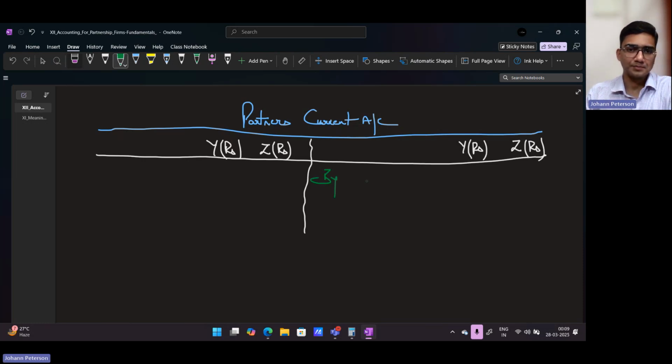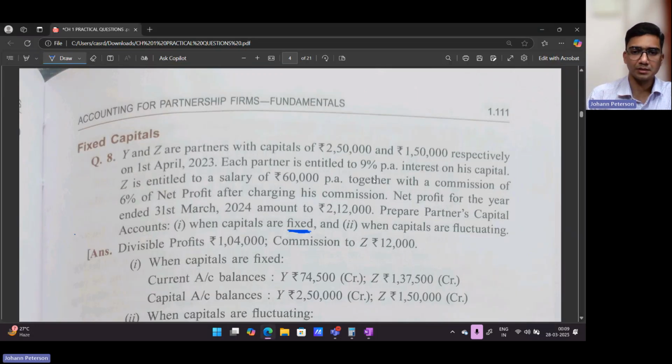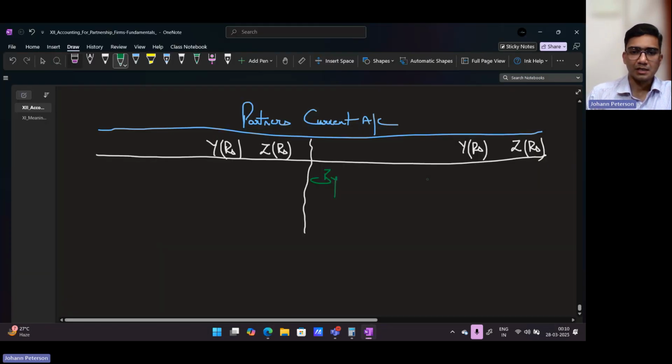Now, in this, we have been told that we have to give certain things. So those are things like partners entitled to 9% interest on capital. So interest on capital at 9% on the opening capital. Interest on capital is always taken on the opening capital. We have to remember this. So here also it will be calculated on 250 and 150 at 9%.